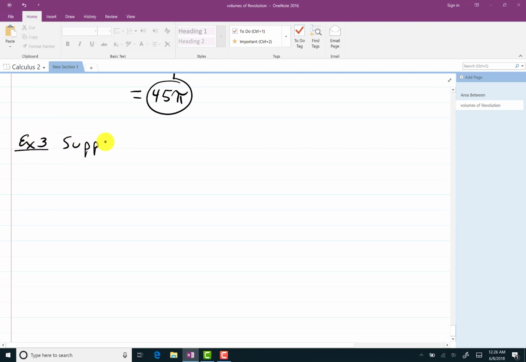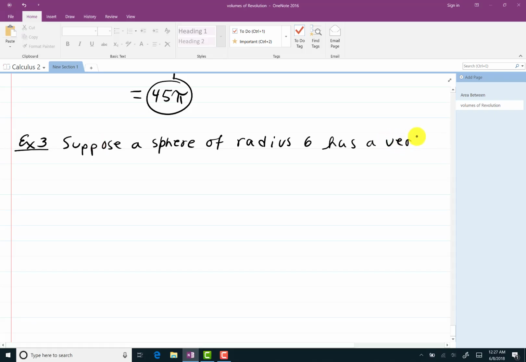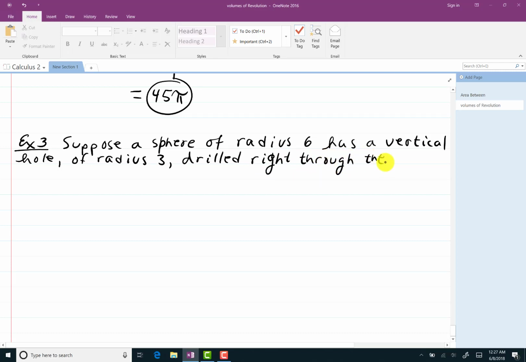Suppose a sphere of radius 6 has a vertical hole of radius 3 drilled right through the center. Compute the remaining volume.